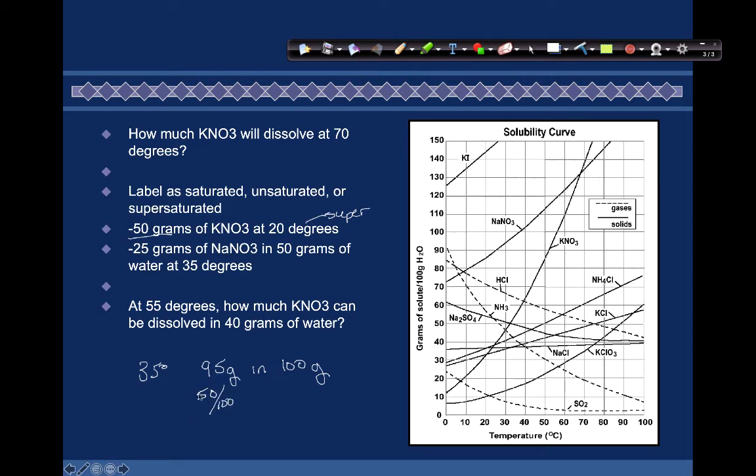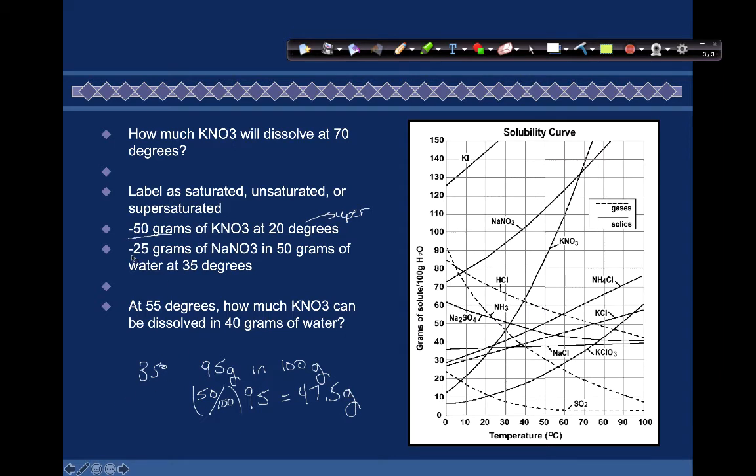That's 50% of the water that I could have. I multiply that by the amount that I could dissolve at that temperature, it's going to give me 47.5. So if I had 50 grams of water, I could theoretically put 47.5 grams of that sodium nitrate in the solution at this given temperature.